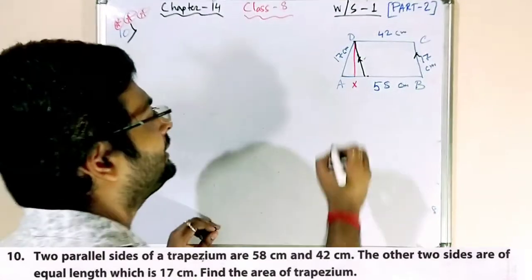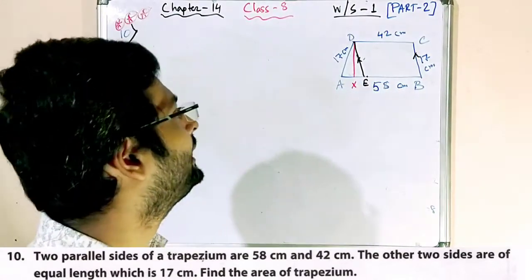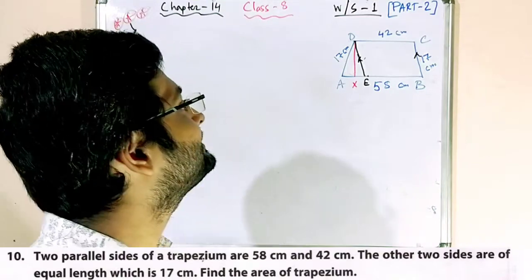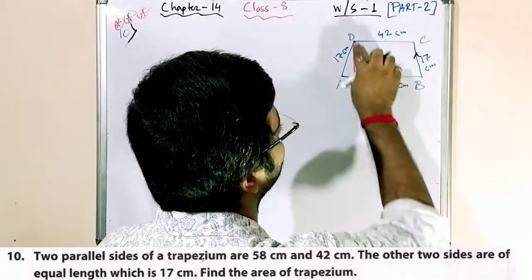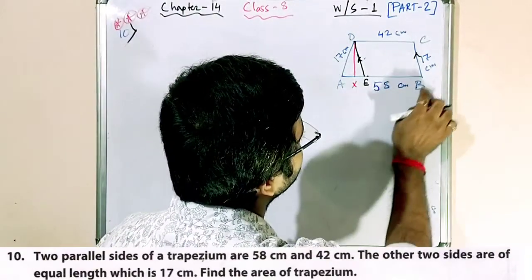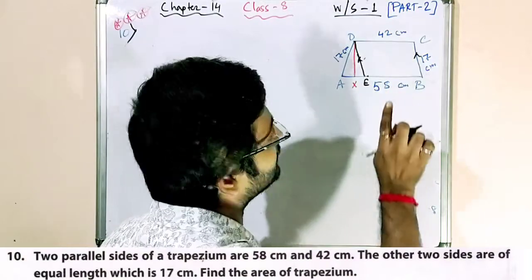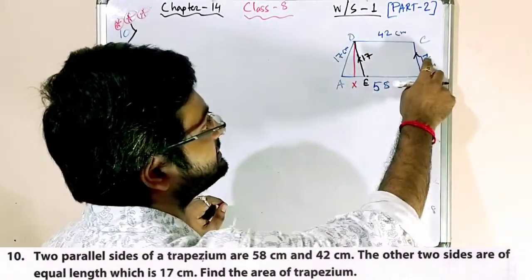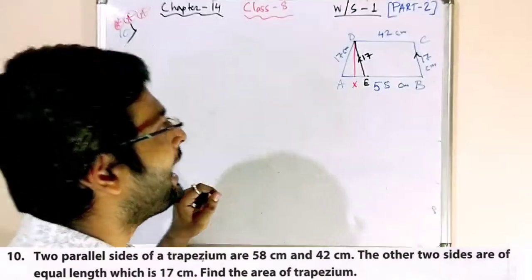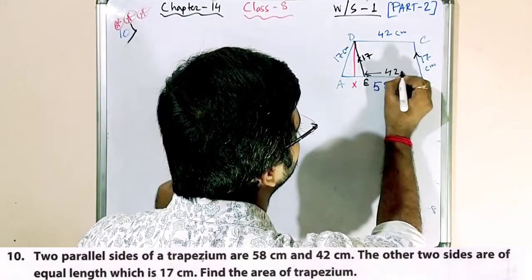Okay, suppose this is E. So AED, it is an isosceles triangle, because a parallel line means it forms a parallelogram, BCDE, it is a parallelogram. So opposite sides are equal, this is 17, this 17 means this also 17, and the length of EB, that is 42.